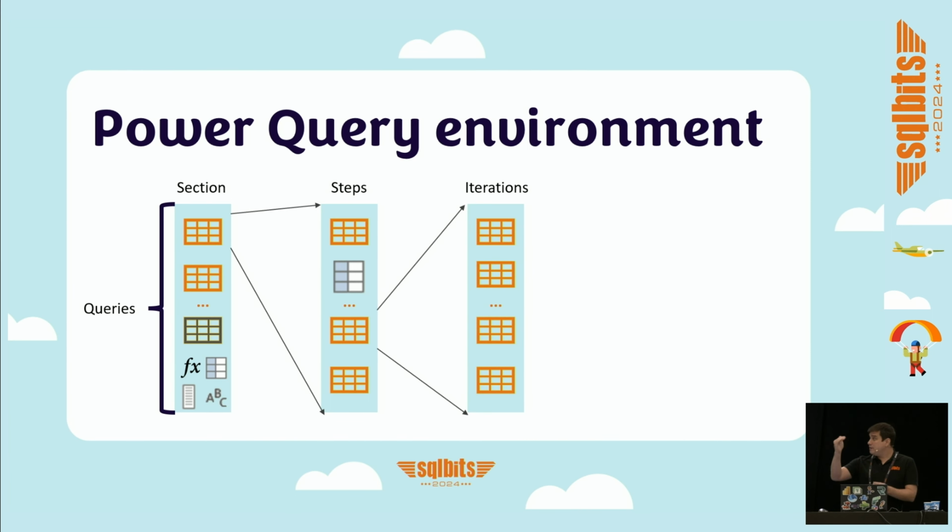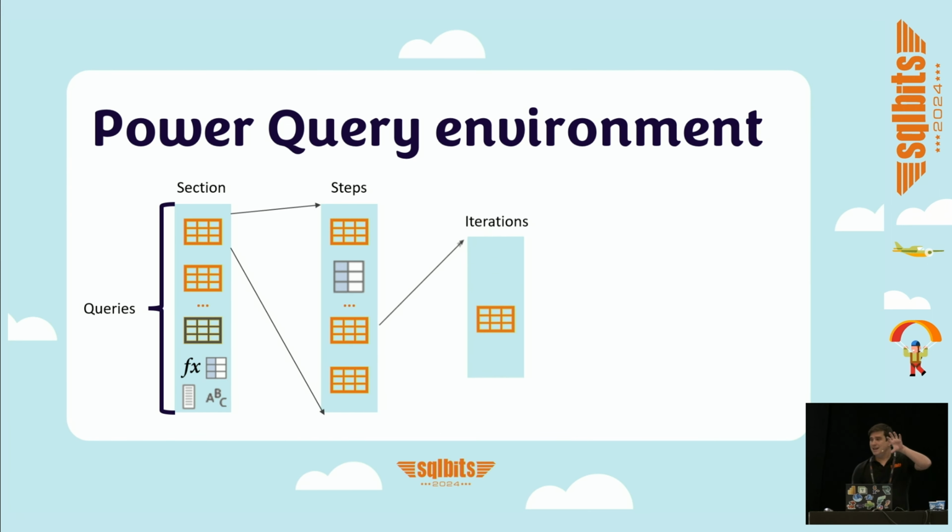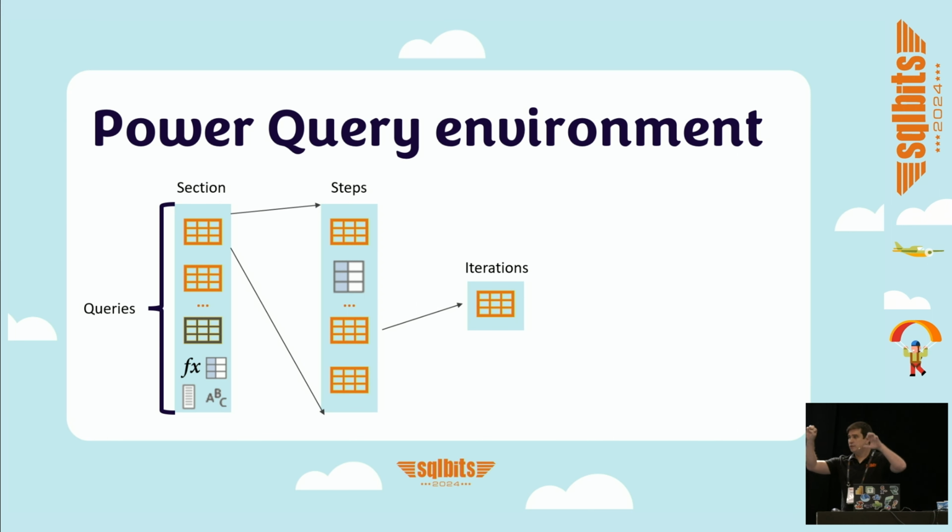And in every intermediate step, you might need some iteration. For example, for every row, let's add another column that has some specific business logic. But when you talk about iterations, it is evaluating the same expression for every row or every item on that iteration list.